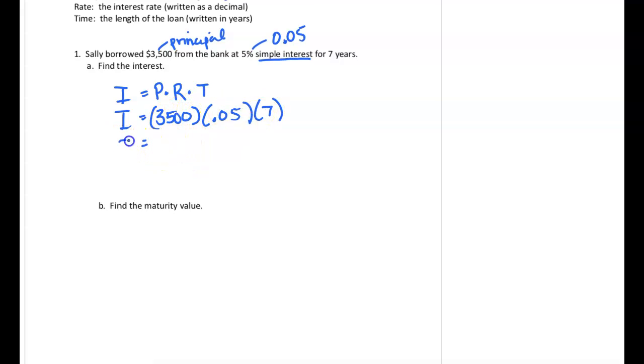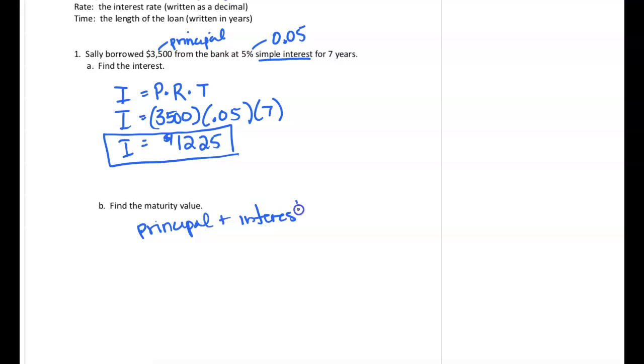And when we multiply them all together, we get an interest amount of $1,225. To find the maturity value, think of this as the total amount that you have to pay. In this case, if you're borrowing money, the total amount that you have to pay back to the bank. So you have to pay back the principal plus the interest that's accruing.